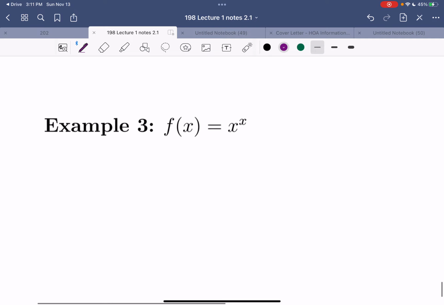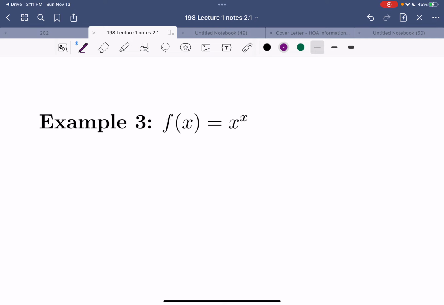The other one is in these types of examples where you have a variable in the base and a variable in the exponent. We've handled situations where we've had a variable to a number and a number to a variable, but we have not handled something where it's in both.